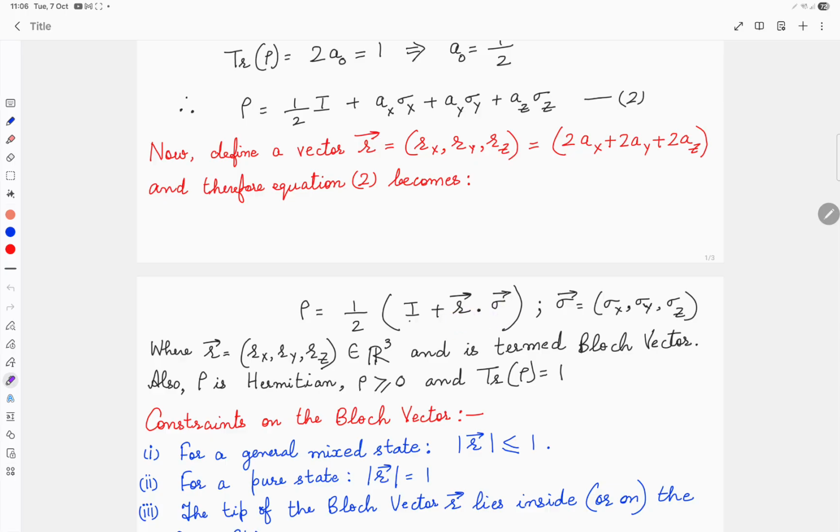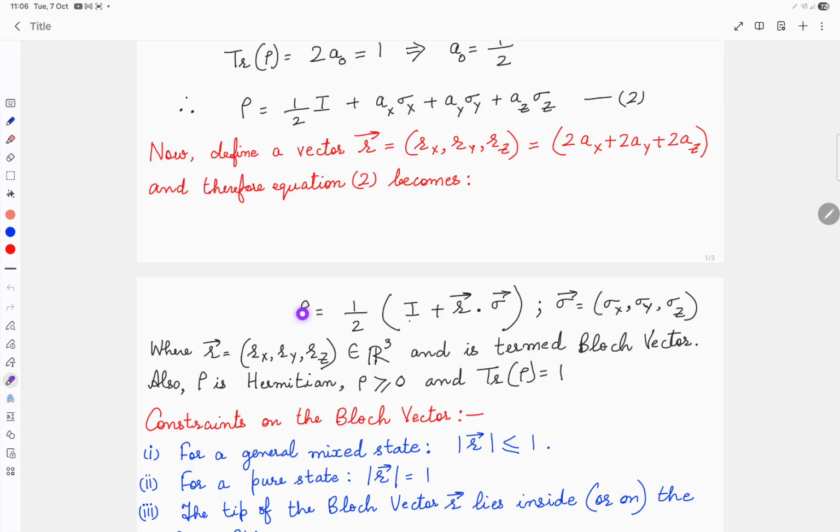The R vector is the actual Bloch vector which we are interested in, and the sigma vector has components which are the Pauli matrices. So where Rx, Ry, Rz belong to a three-dimensional real space, and it's termed as the Bloch vector.